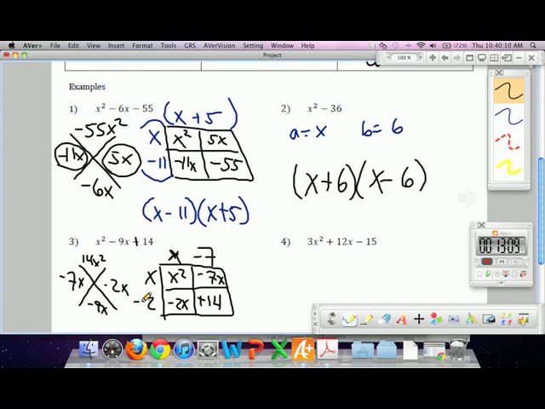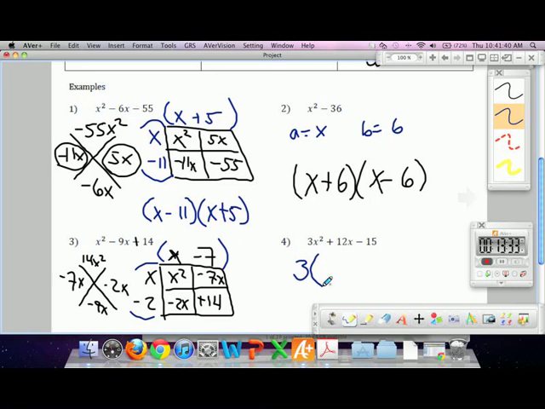Last one, notice that there's a 3 in common amongst all three terms. So we'll write what's in common in front, and then divide each term by this thing in common. If we divide 3 out of 3x squared, what's left? X squared. If you divide 3 out of 12x, what's left over? 4x.